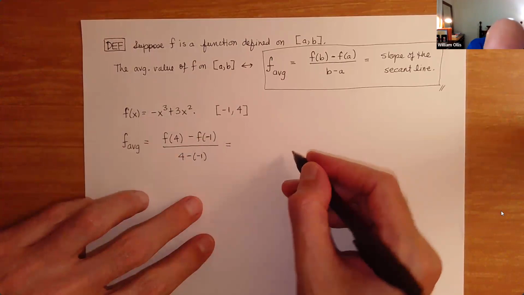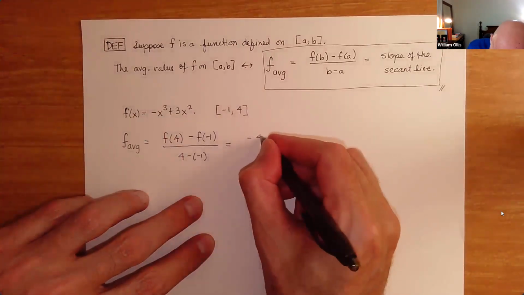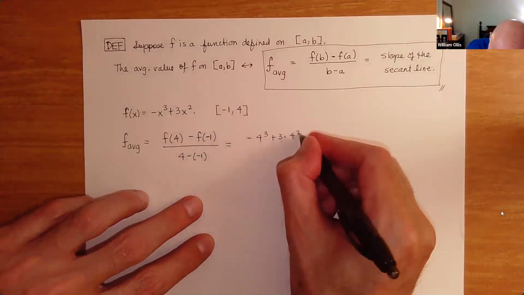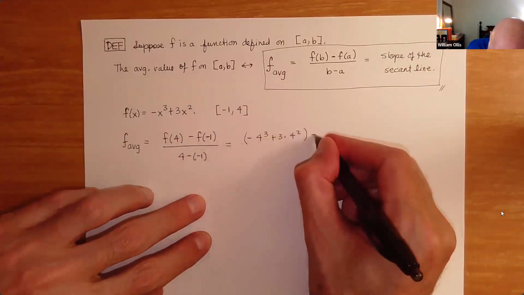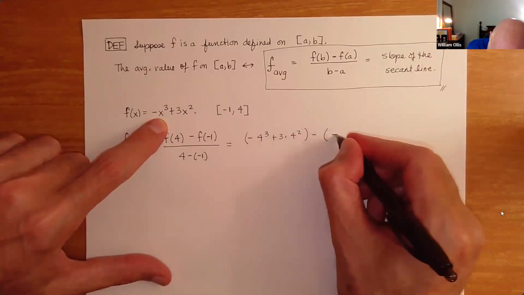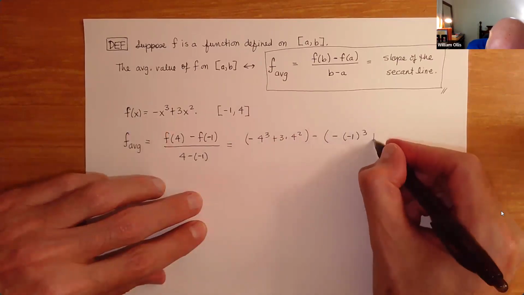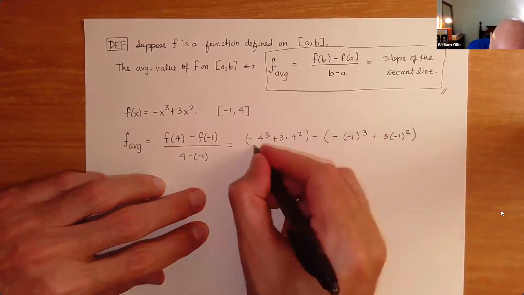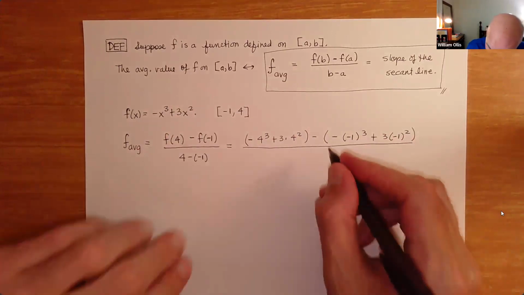Notice we have the negative of 4 cubed plus 3 times 4 squared. That's the first part. Minus, the negative of -1 cubed plus 3 times -1 squared. And of course, 4 minus -1, that's 4 plus 1, which is 5.